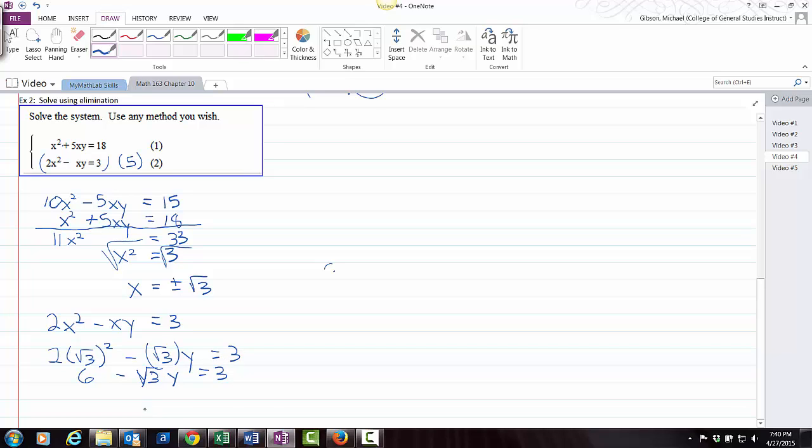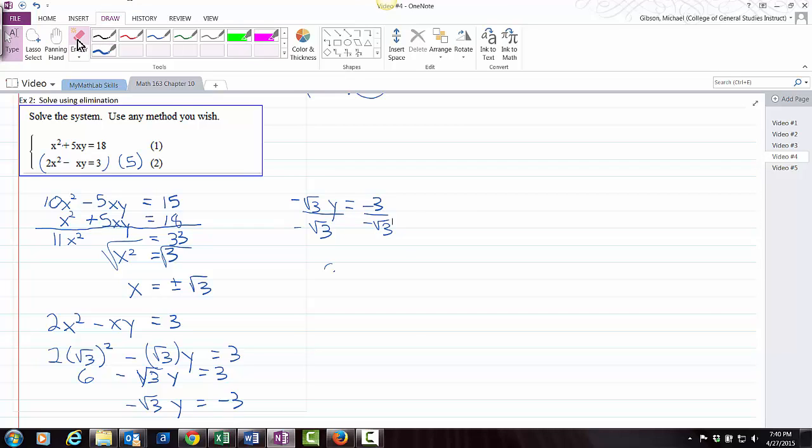Subtract 6 from both sides. Minus square root of 3y equals minus 3. All right, let's recopy it. Minus square root of 3y equals minus 3. So I'm going to divide both sides by minus square root of 3.